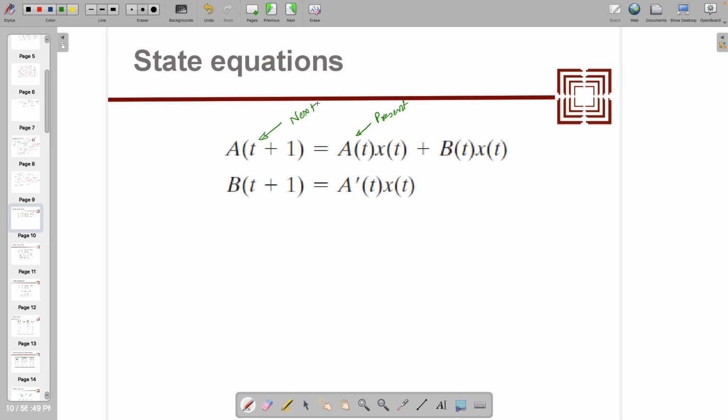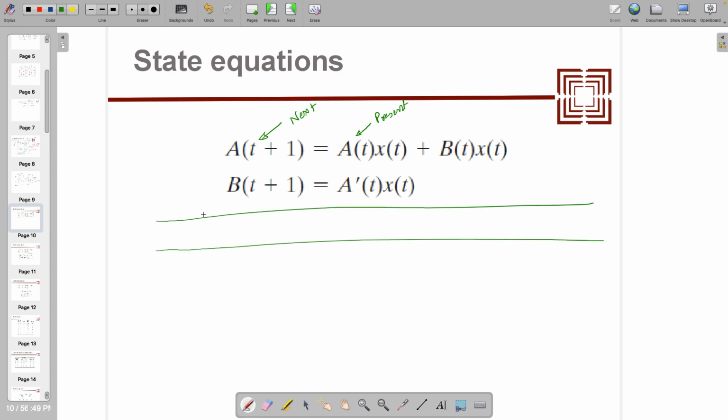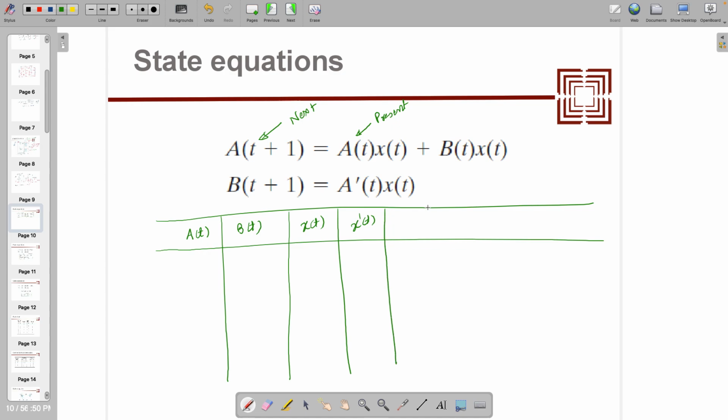So what I am supposed to make is as follows. I have to write down a of t, b of t, which are present states, and based on the input, I need to write down the next state, which is a(t+1), b(t+1).